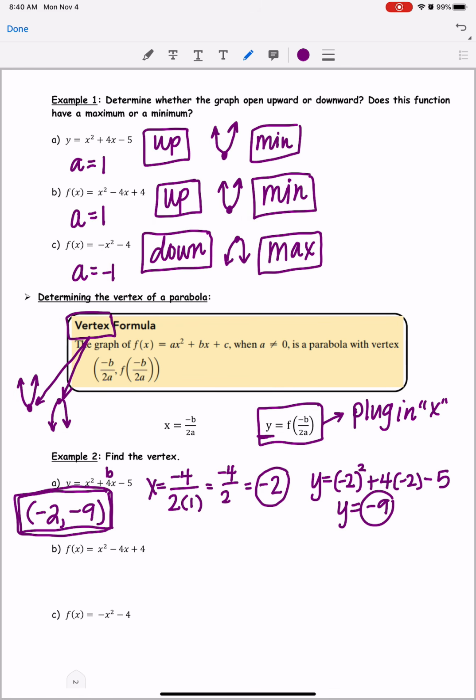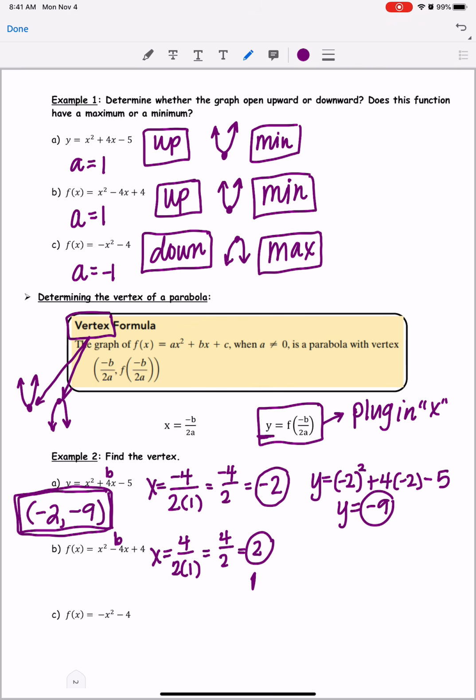Okay, let's try 2 more examples of this. So I've got x equals negative b. So this time, because my b is already negative, right, my b is a negative 4, now this is going to be positive 4 on the top, over 2 times a. My a is right here in front, so 1. So I've got 4 over 2, which is going to simplify to 2.